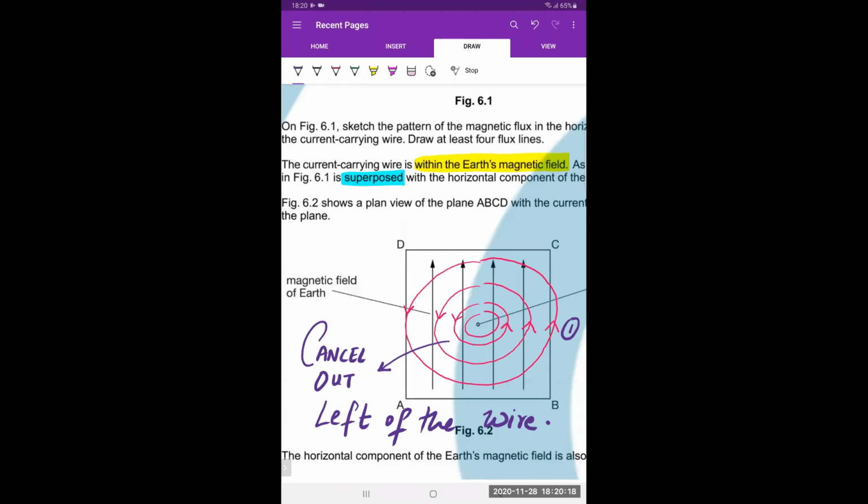But the region which I am now marking as 2, this is the region where the Earth's field appears to be in the opposite direction to the field of the wire. So if we are expecting a region where the two fields can be equal and opposite, that region must be located somewhere to the left of the wire.